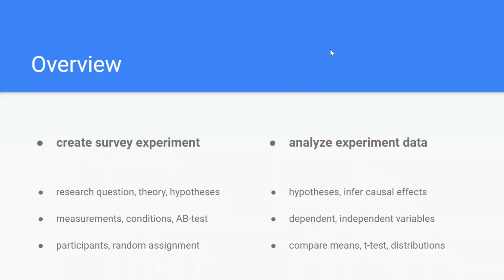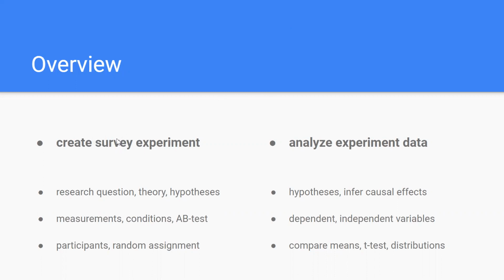In this workshop, I will start by showing you a couple of slides. Then we will do a hands-on session where we try to create an online experiment using Google Documents. The whole workshop basically consists of two steps.